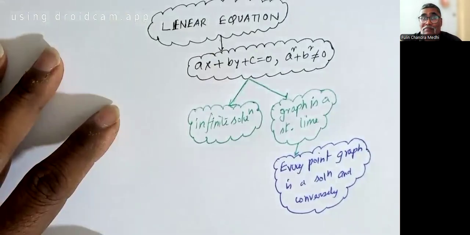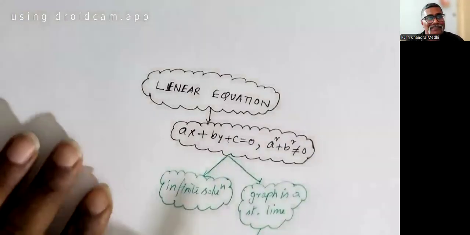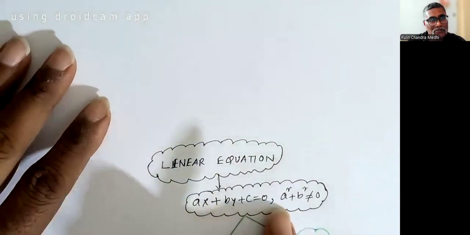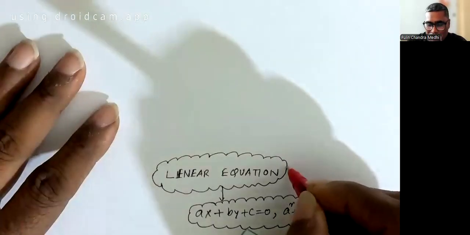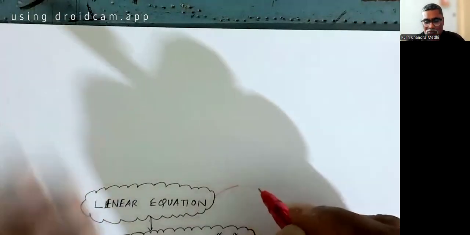Now you are studying pair of linear equations. So pair of linear equations means what? The name itself is suggesting, pair of linear equations means two equations at a time. So here I have introduced this. Now here I'll write two different equations.